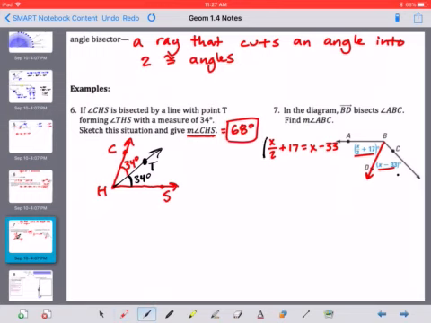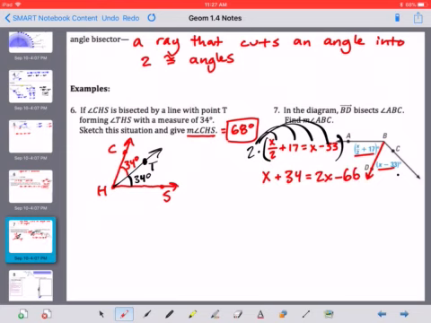I don't like to work with fractions, so I'm going to multiply the entire problem by 2. So you can think of this as distributing that 2 into all 4 of these pieces. And that's going to cancel out this 2 here. So I've got just x plus 34 equals 2x minus 66.